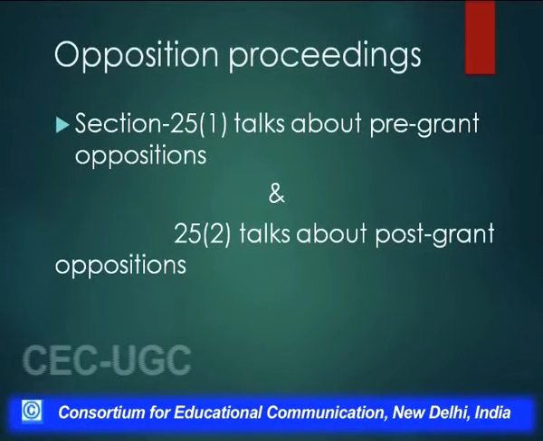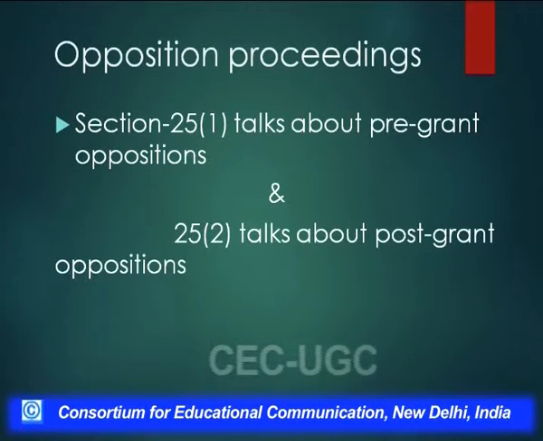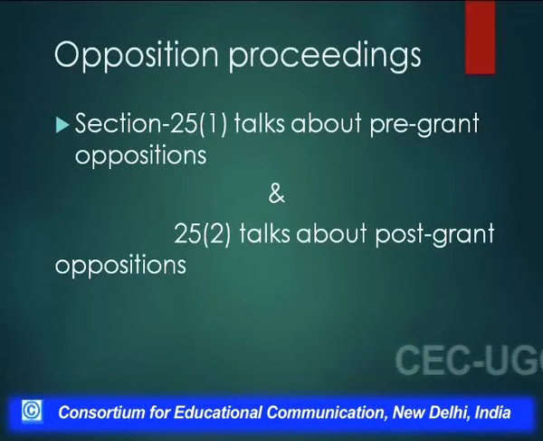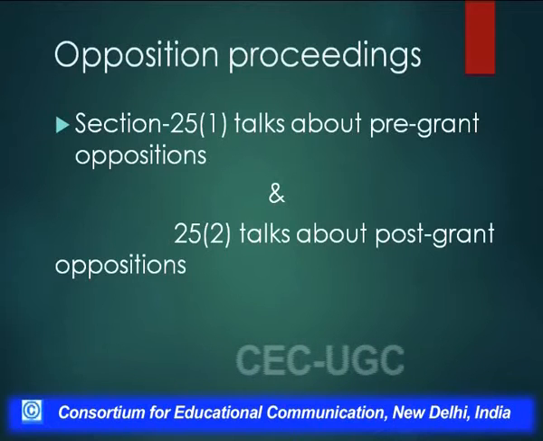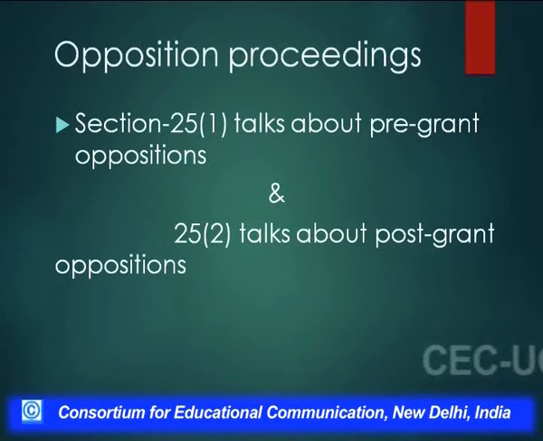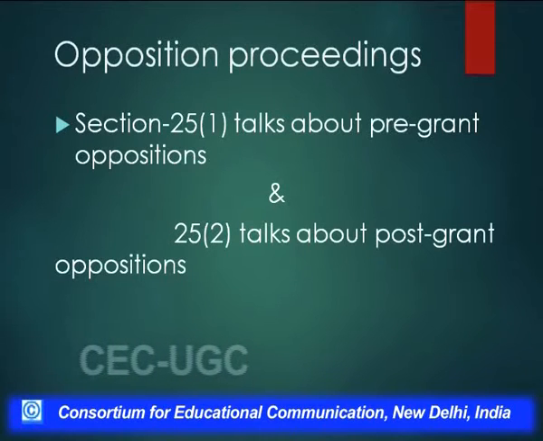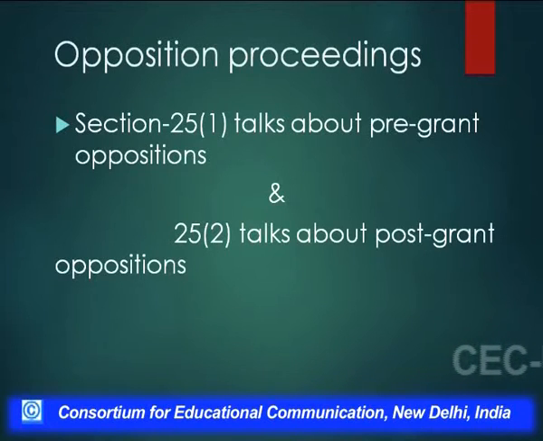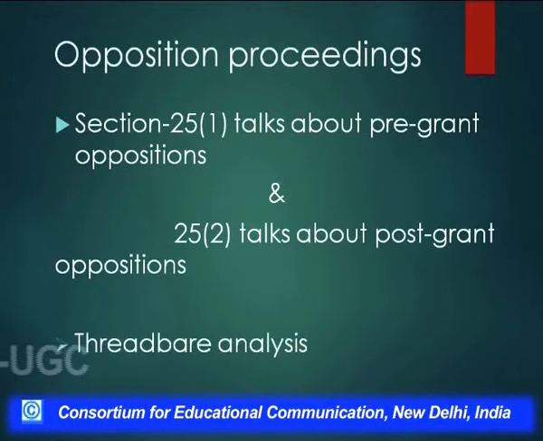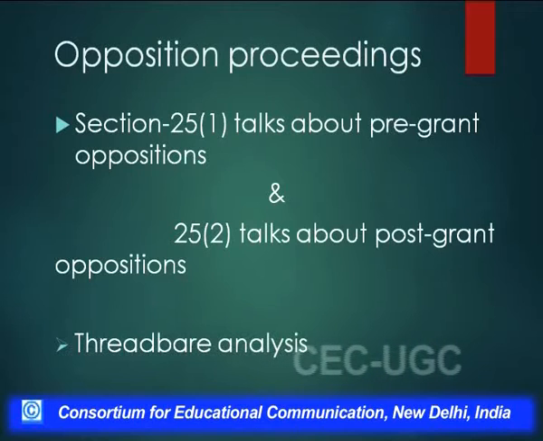These two provisions are providing us the opposition proceedings, and these two provisions are very wide and written in a very exhaustive fashion, providing so many grounds to approach the patent controller for getting it rejected, or you can say for filing the pre-grant opposition or post-grant opposition. And our task here is to do the threadbare analysis of these two provisions.